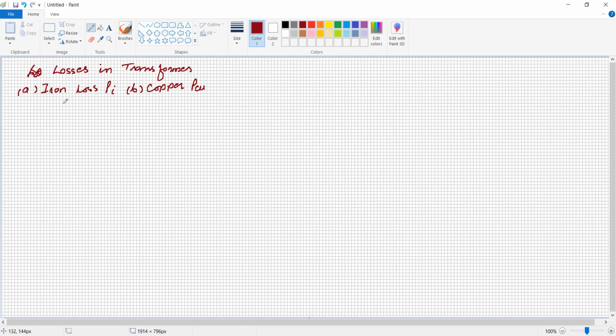The total core loss Pi is the sum of eddy current loss and hysteresis loss, so PH plus PE, where PH is the hysteresis loss. Hysteresis loss mostly depends upon the quality of magnetic material and the hysteresis loop.